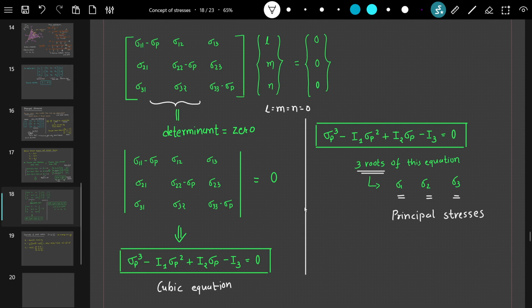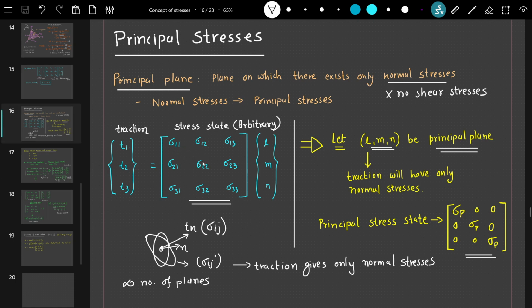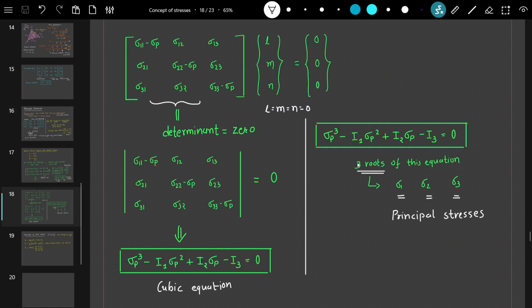Just note this convention. It is sigma 1, sigma 2 and sigma 3. Here arbitrary stresses are sigma 11, 22 and 33, so here we are using two indices. But for principal stresses, it is simply sigma 1, sigma 2 and sigma 3. So this is the difference.